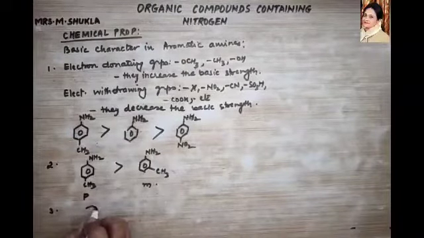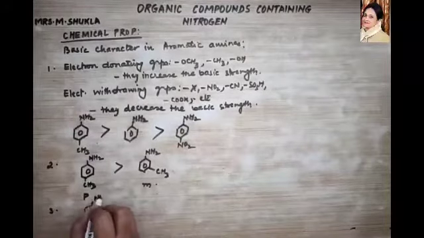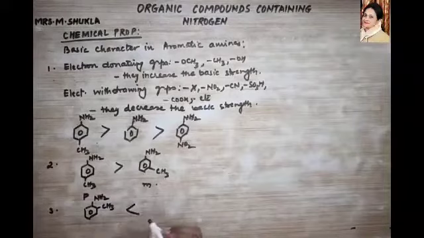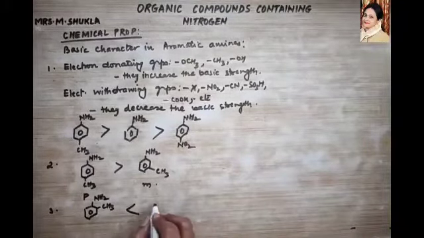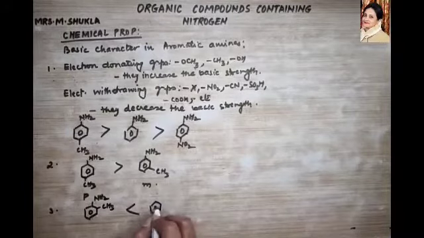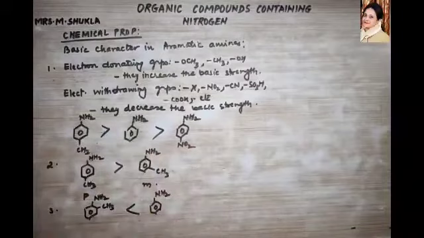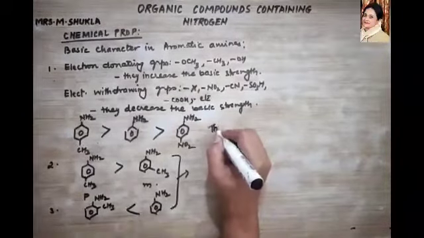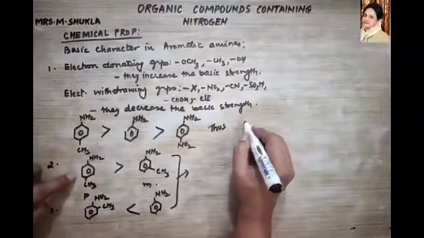Let's take one example like NH2CH3. Because it is placed at ortho, the basic nature will always be less than the amine over here. To bring the second and third points together, what can we say with respect to these?